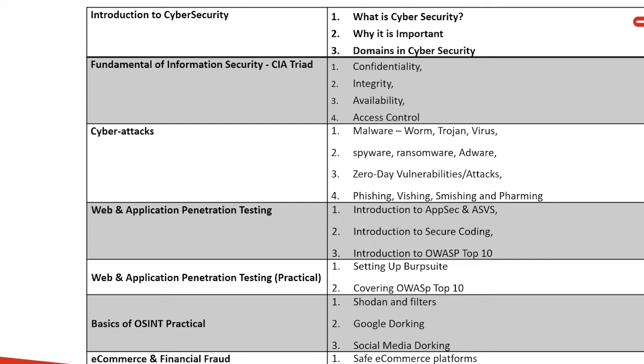So it is very important to save your applications from hackers, and we can't apply security once the application is developed. We have to start application security from the design phase itself.